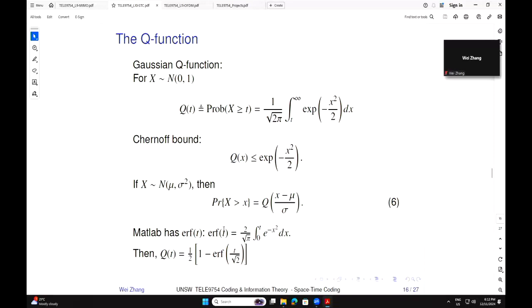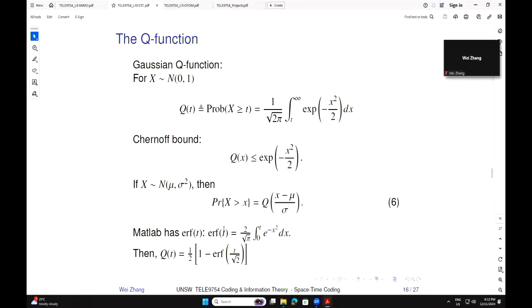The error rate function, the Q function, is very critical. That's why I need to let you know this. Probably you heard about this. First, this is pure statistics. Let's consider X, a random variable following the Gaussian distribution with zero mean and unit variance.